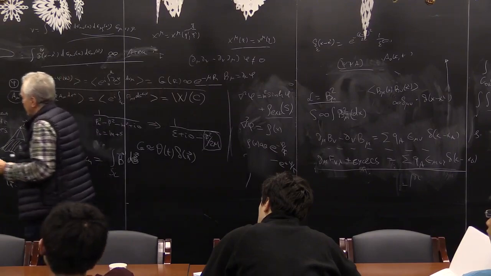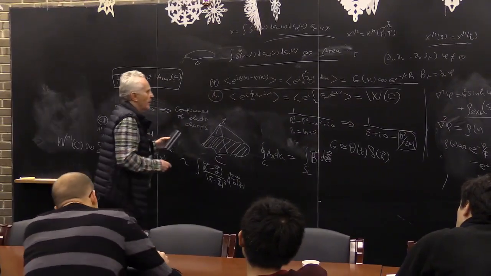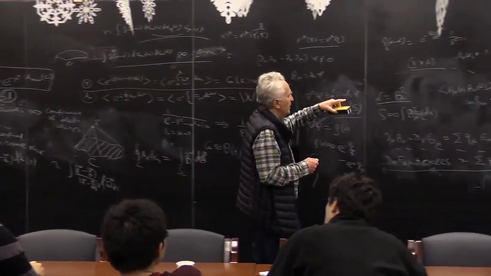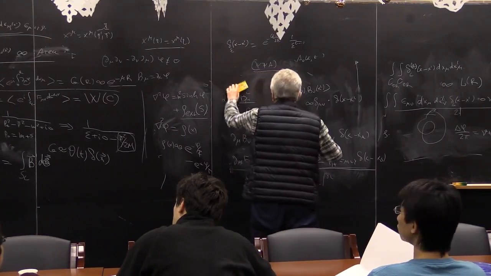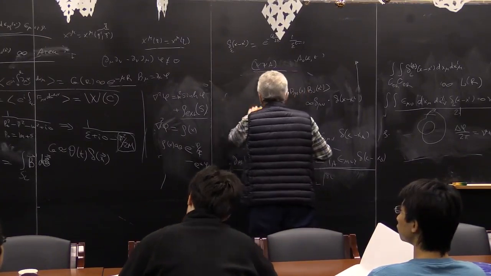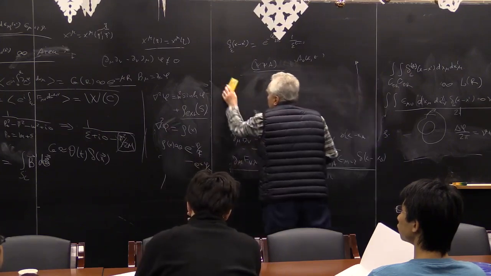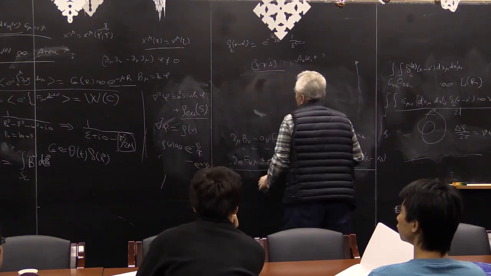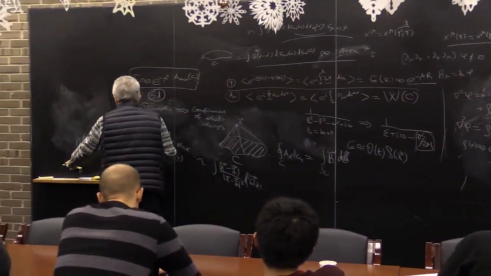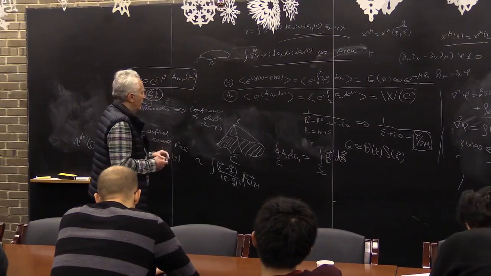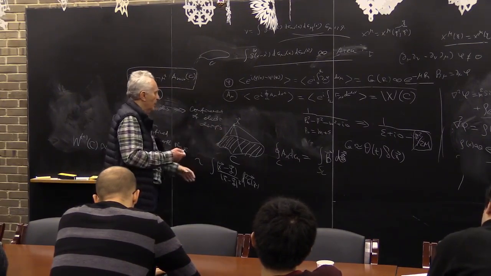Now, I will tell you briefly what happens in higher dimensions. We will basically continue this, but some very different aspects of the problem will be discussed. What happens if you take this picture? Well, I suggest that you go through it.